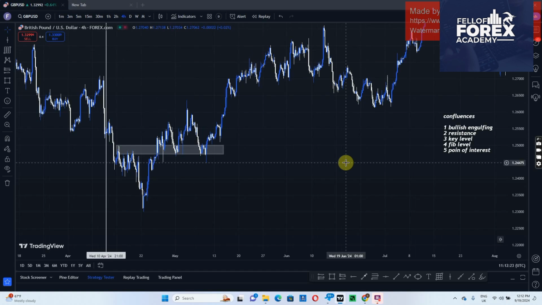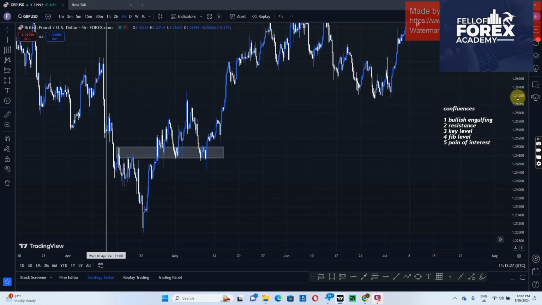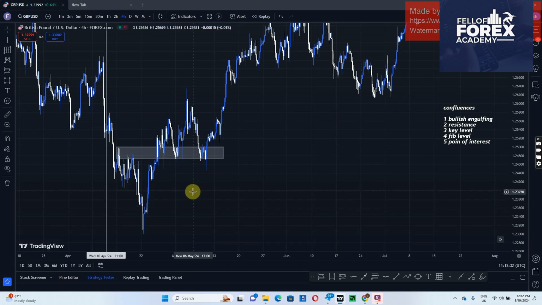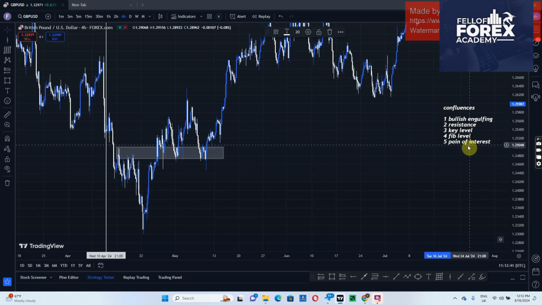I will teach you how to use the Fibonacci, but at this point we'll use the confluences we should already know. What is a resistance? So here we have resistance or support on this fourth point. Excuse me.